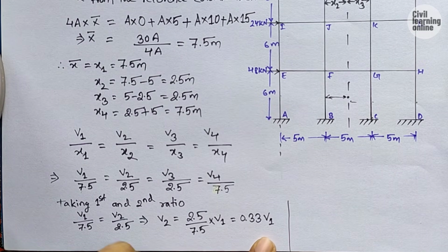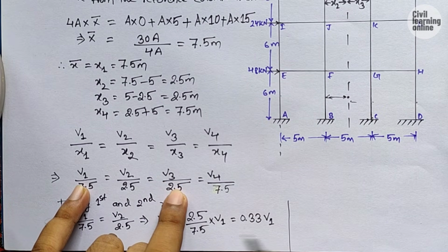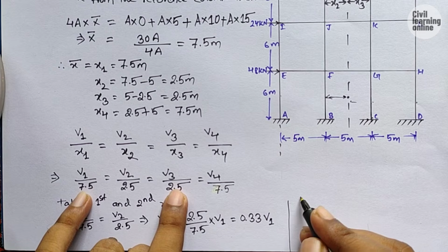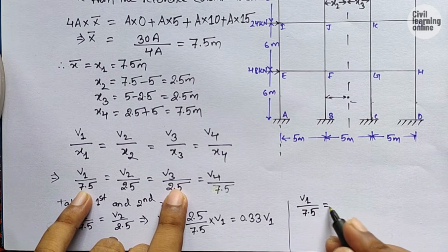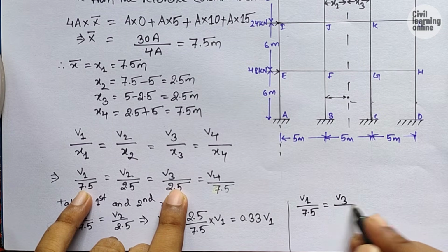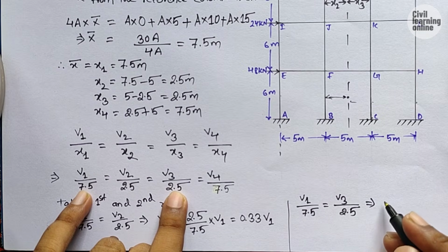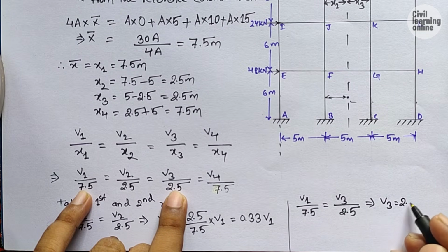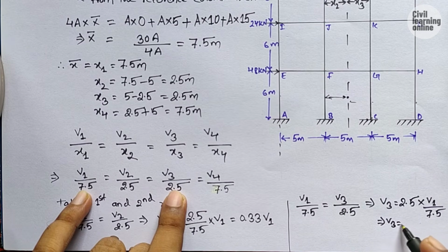Similarly, we take V3 and the first and third ratio. From here we will have V1 by 7.5 equals V3 upon 2.5. From here again we will have V3 equals 2.5 multiplied by V1 divided by 7.5, and on solving this we will get V3 equals 0.33 V1.